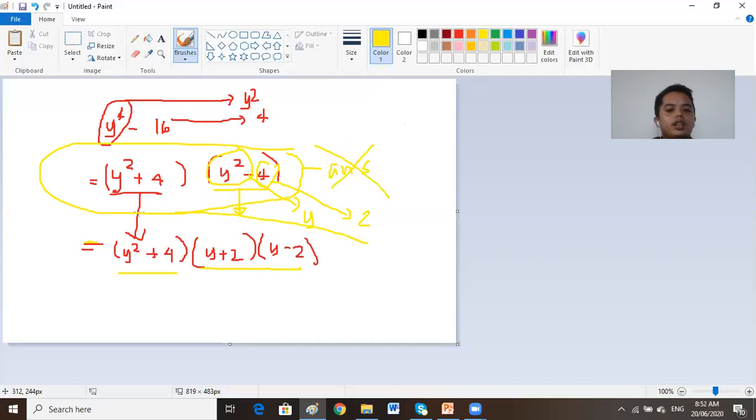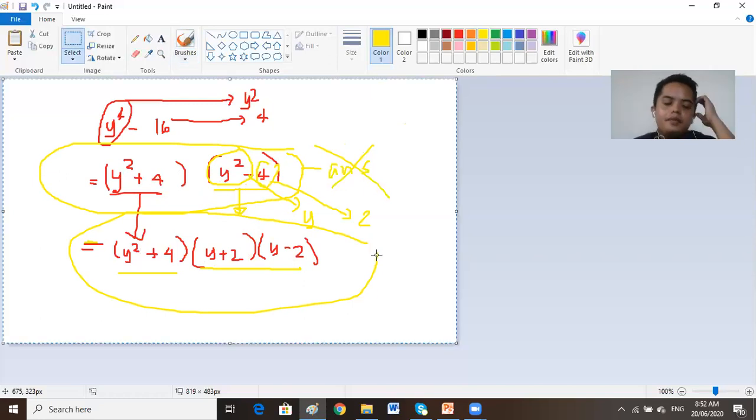So this is your final answer. But the safest way here is simply picking choices. So you distribute first, and then you multiply. And once you come up with this one, that is the final answer.